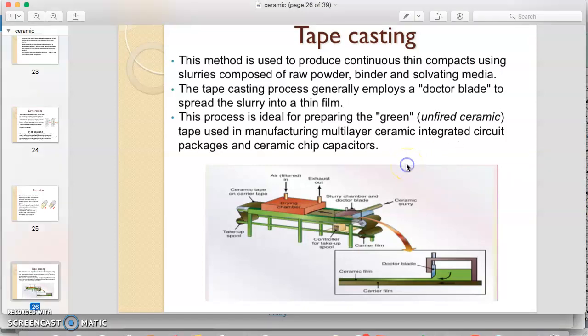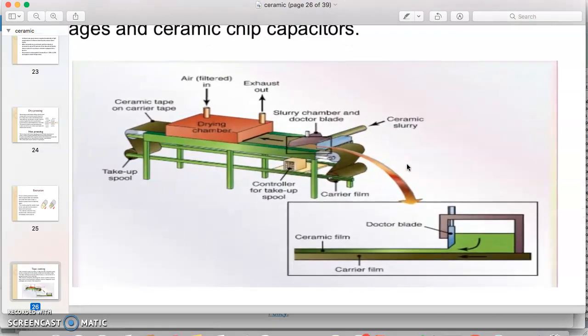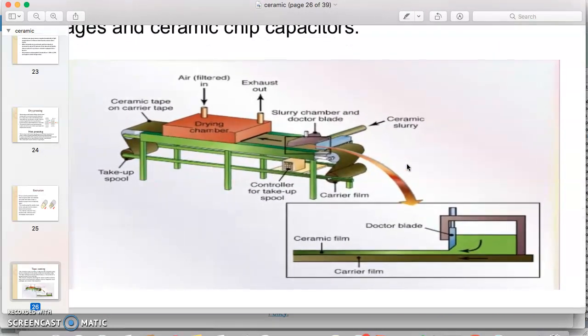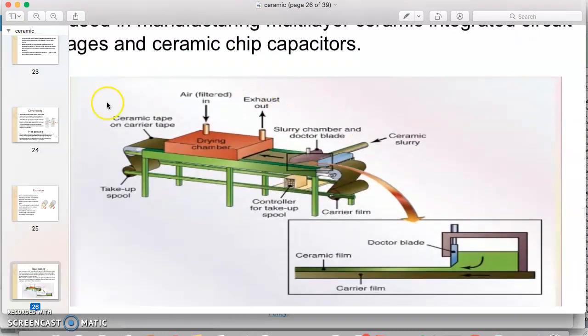So let's take a proper look at the processing of tape casting. The diagram shows the process of tape casting.